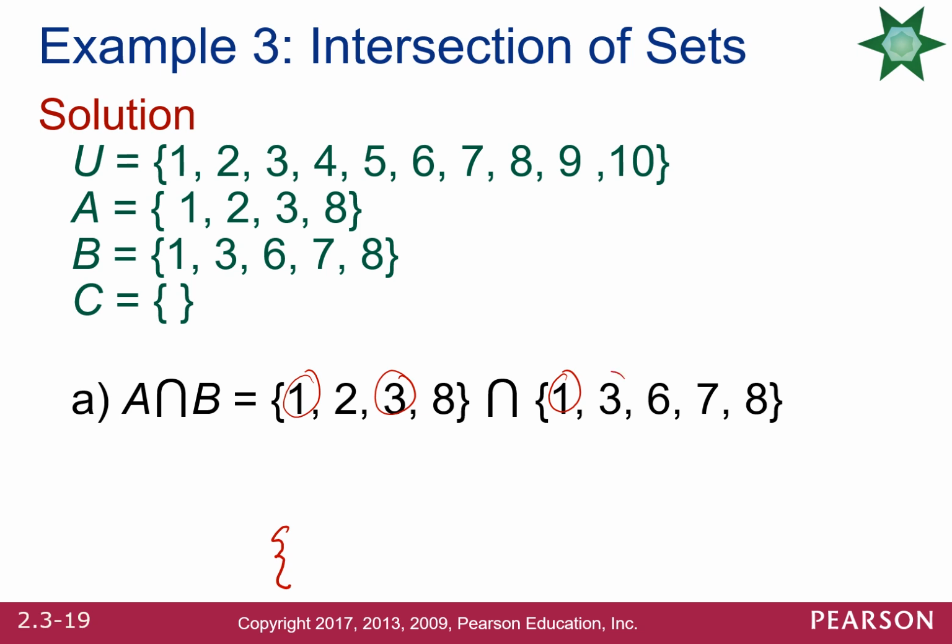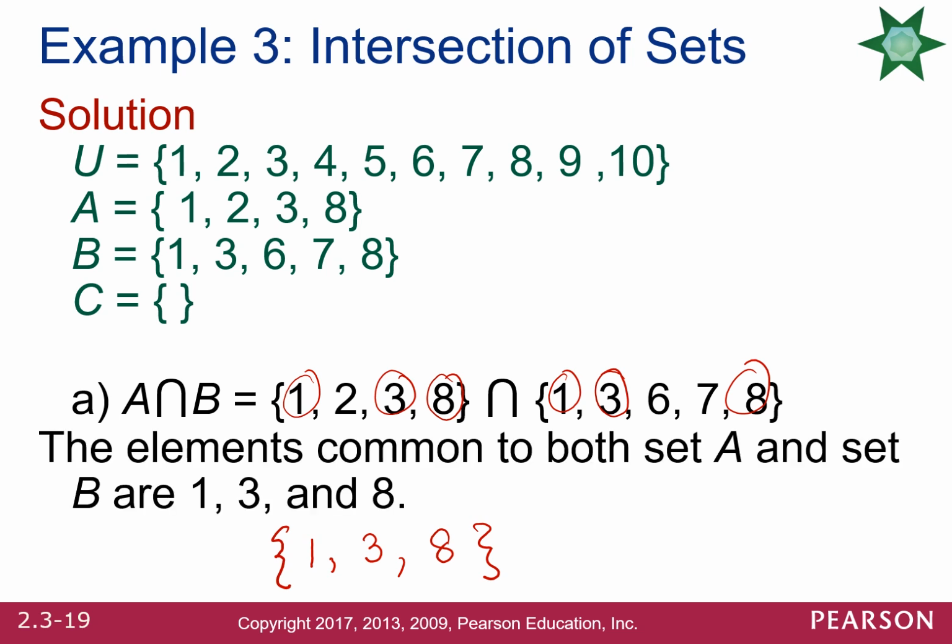All right, so we'll have to pick 3, and then the last one is 8, correct? So the answer would be 1, 3, and 8. So let's see if that's what they have come up with. So the elements common to both set A and set B are 1, 3, and 8, and that's what we came up with as well.